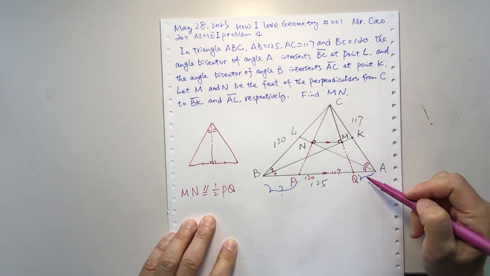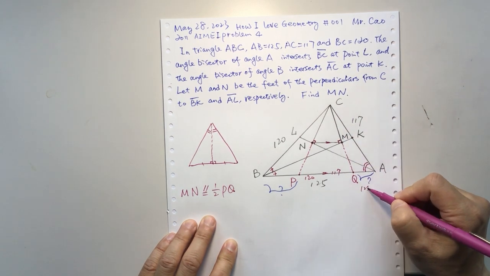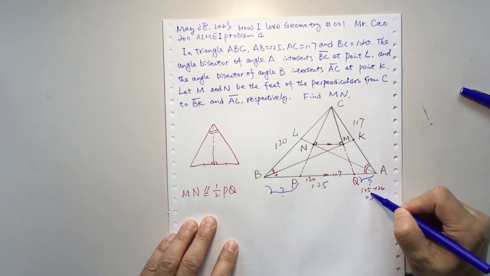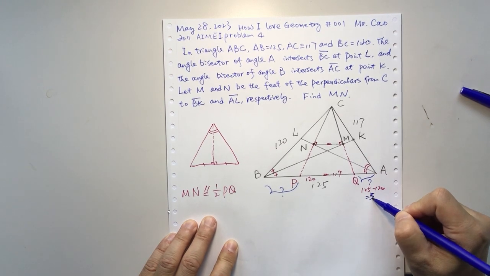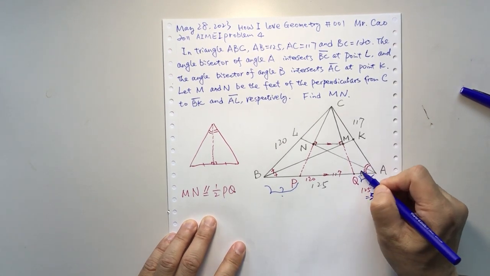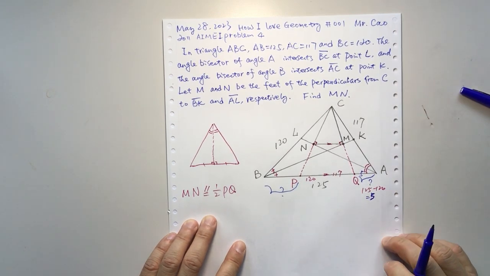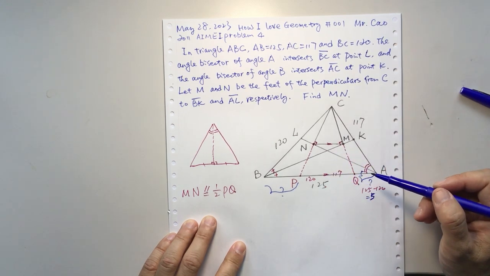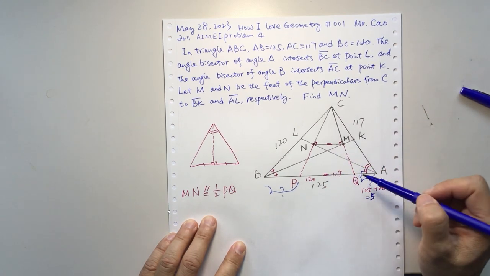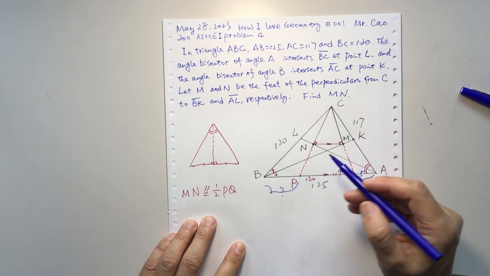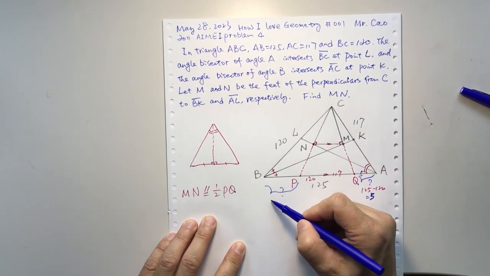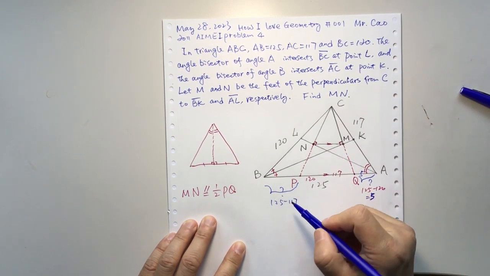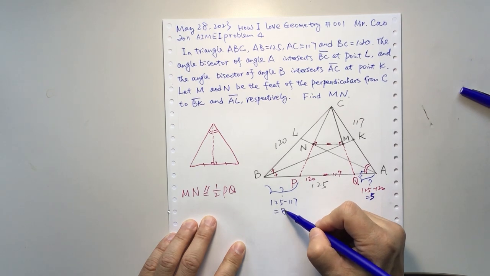So QA is 125 minus 120, so it's 5. The same for BP, because triangle ACP is also isosceles, and we know AP is 117. So BP is 125 minus 117, so it's 8.